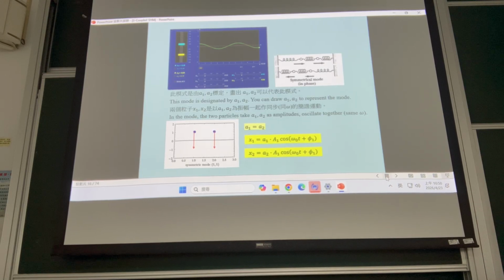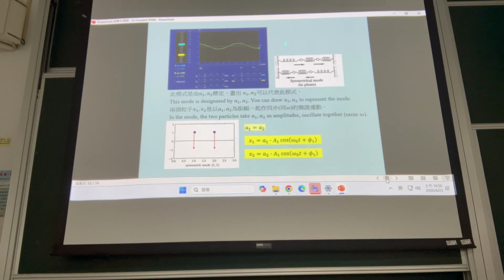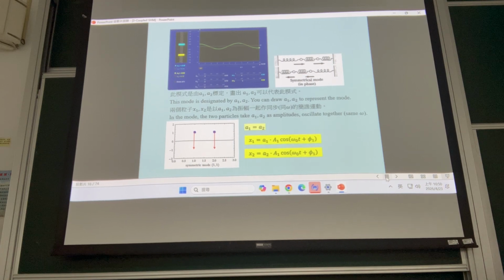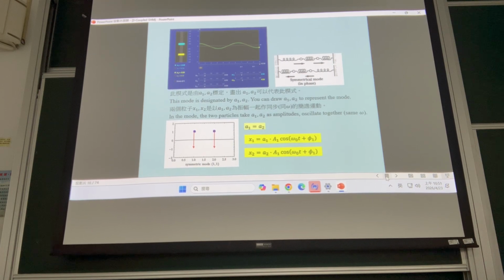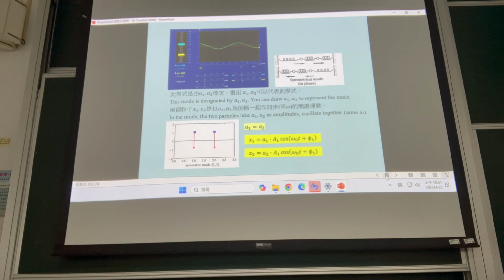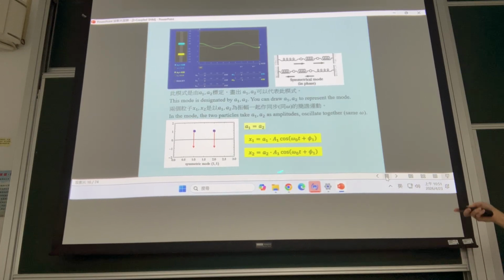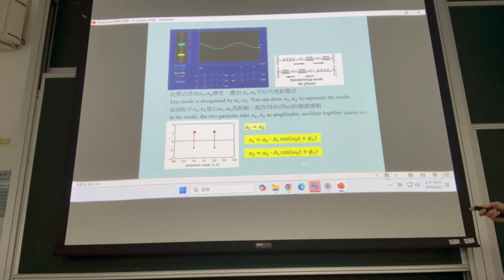Almost as if there is no middle spring. So this one only feels the force on the right-hand side, so the frequency must be equal to that of a single particle and a single spring, which is the square root of k over m. Ditto, the same story for the second particle. Let me now repeat it again.